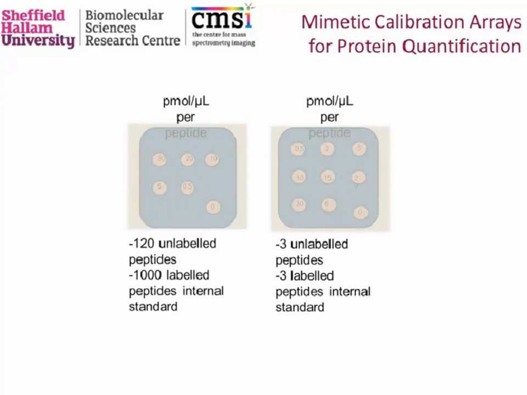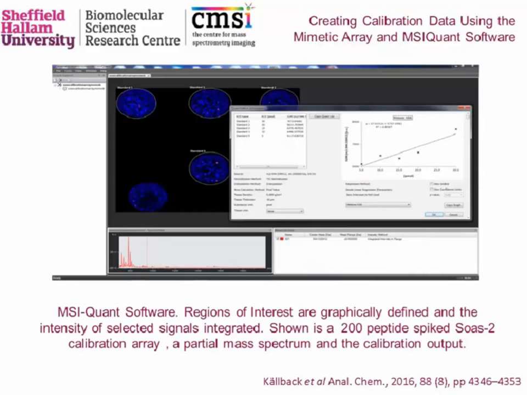And as we saw from the previous example with the small molecule work, we can use the MSI quant software to use these cell plugs to create the regions of interest, and then extract ion intensities from the regions of interest to create calibration data. If we use MSI quant software, we can't use the mobility function that's available on the Waters Synapt instruments.